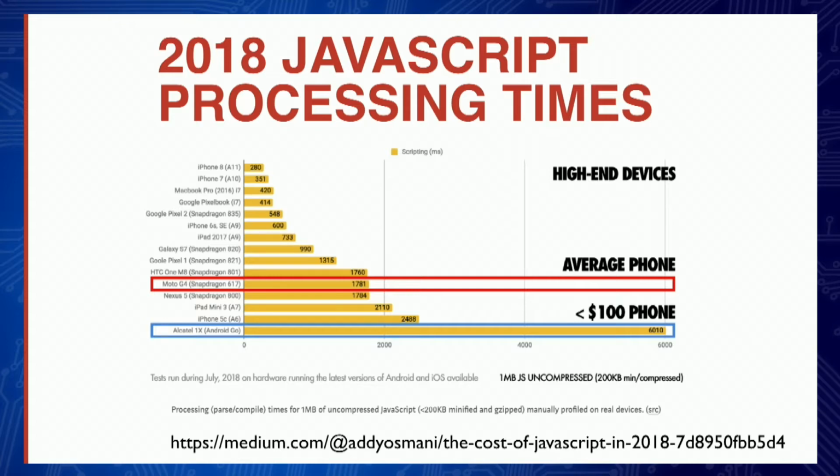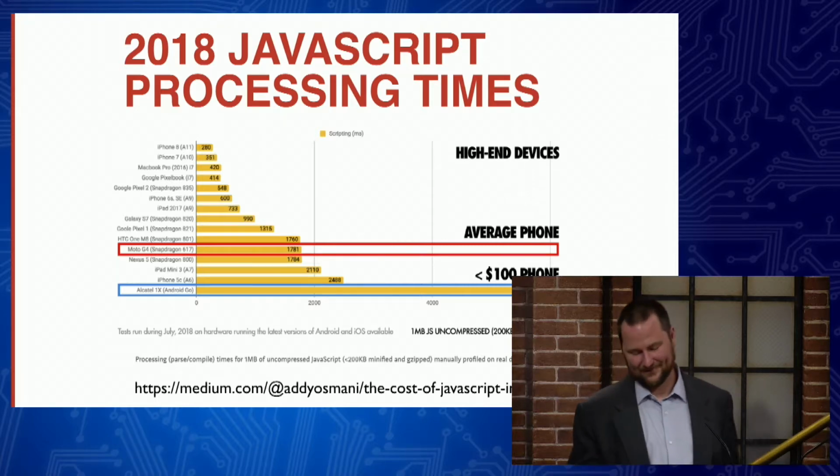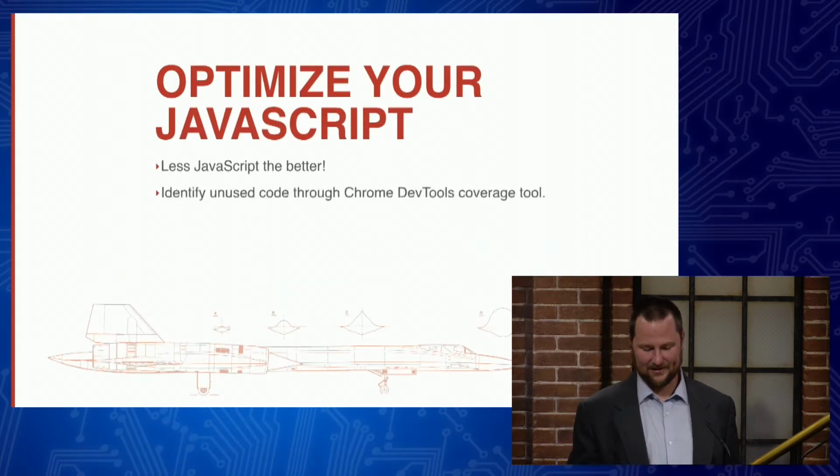Also, take note of how quick your latest iPhones and your latest Google Pixels are compared to the average phones out there. The average phone is a lot slower than your phone. Not knowing what phone you have, but it's something to keep in mind.